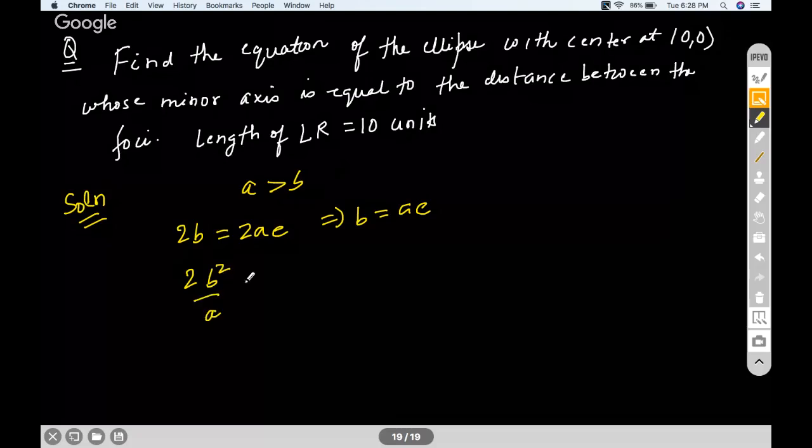And the second thing given to us is 2B square by A is 10, that is B square is 5A. And B square is also known to be A square into 1 minus E square.